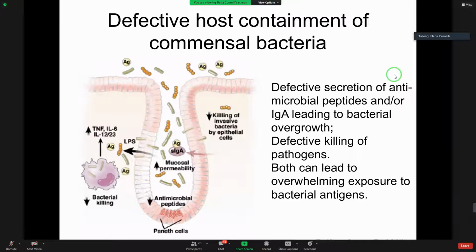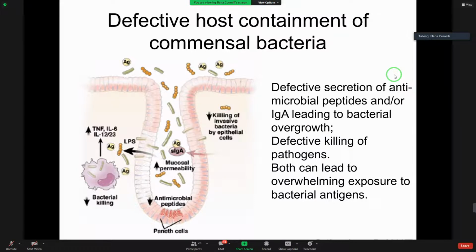On the host side, there could also be defects in the ability of the host to contain the commensal bacteria. So maybe a situation where there are no pathogens ingested, or not necessarily an altered composition in the microbiota, but an altered capacity of the host to handle such a large community of microorganisms.